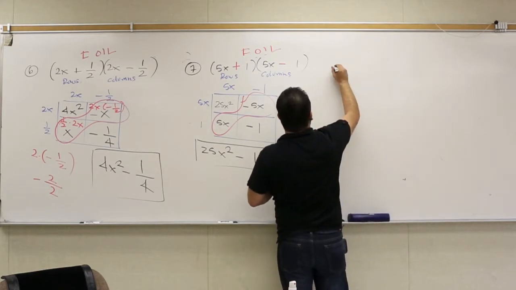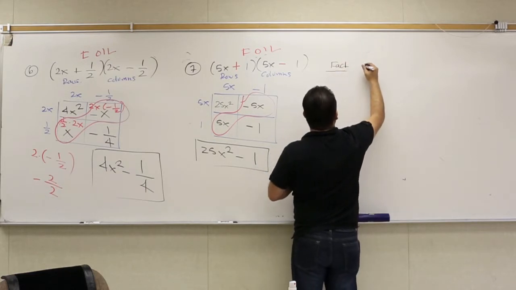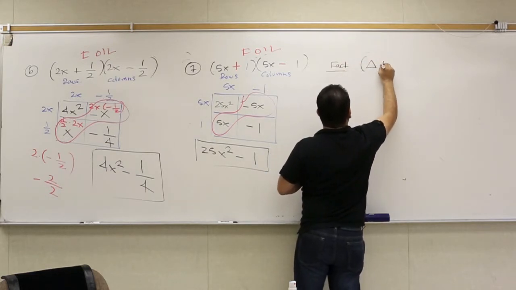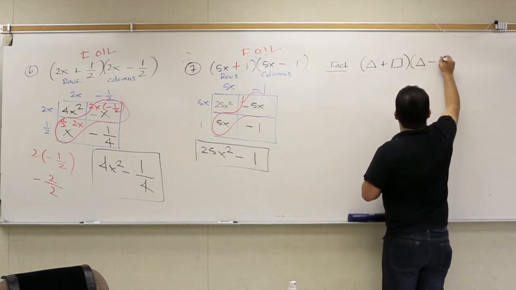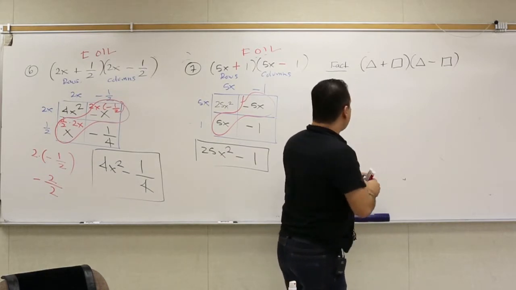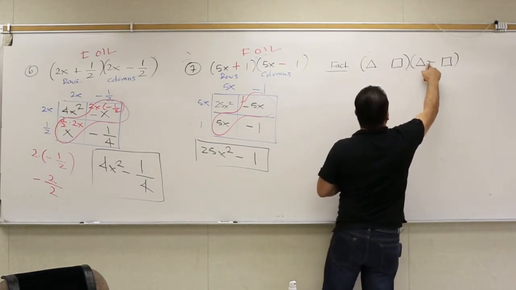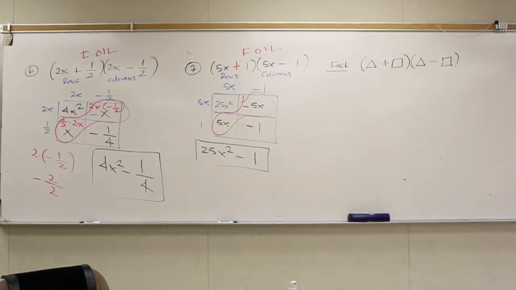Should I prove that to you guys? Let me show you. I'm going to do this in general. Triangle plus square, triangle minus square. I'm going to emphasize that this is plus and this will be minus. So notice this fact here.